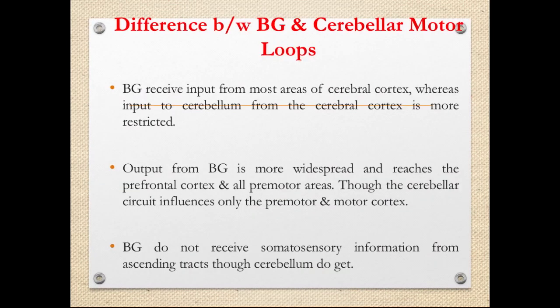So, what is the difference between the basal ganglia and cerebellar motor loop? That is, the connection of the cerebellum with the cerebral cortex and the connection of the basal ganglia with the cerebral cortex. The basal ganglia receive input from most of the areas of the cerebral cortex, whereas input to the cerebellum from the cerebral cortex is very restricted.